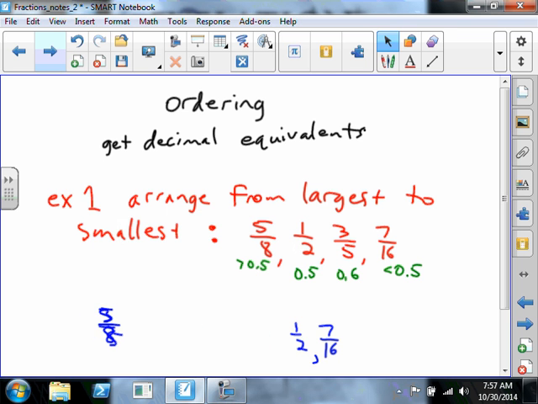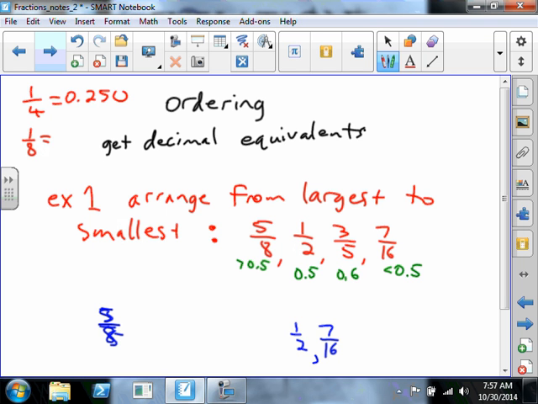Well, let's think for a minute. You might not know what an eighth is, but you know what a fourth is, right? 1/4 is 0.25. Or if you think in terms of baseball averages, it's 250. That's actually going to make this a little bit easier to think of it that way. Okay? Half of a fourth would be an eighth. So an eighth is going to be half of 250. What's half of 250?